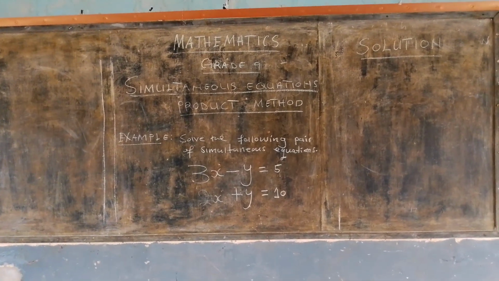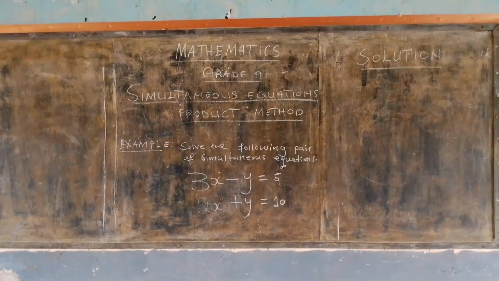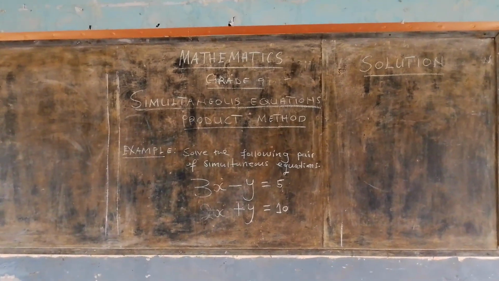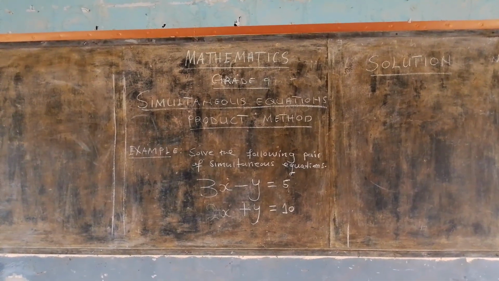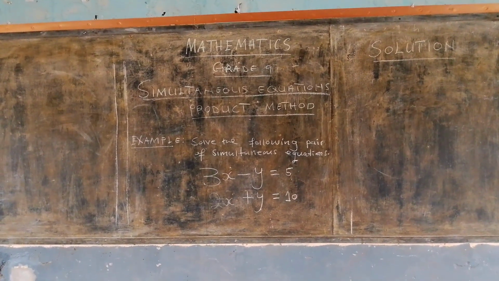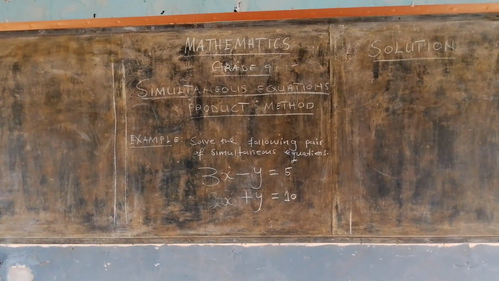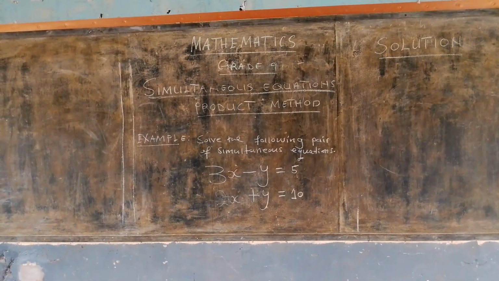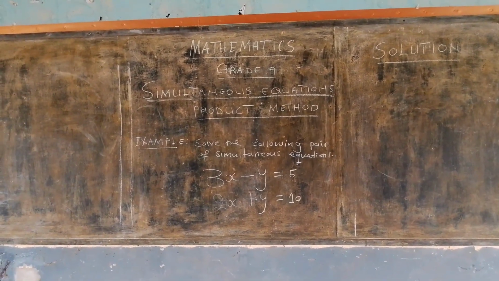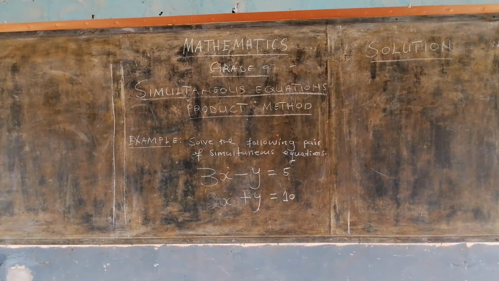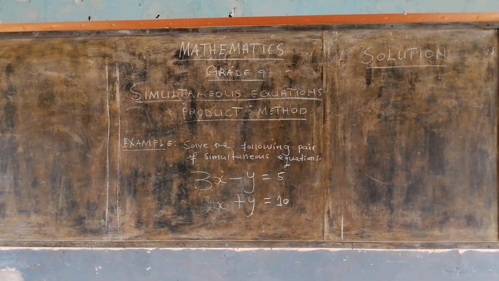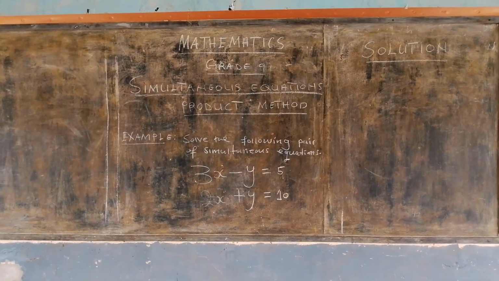So always remember that using the product method, you check the order of your variables. If x is coming first, you solve for x, but if y is coming first, you solve for y first. It will help you to get the value of one of the variables, so that afterward you can solve the second variable by substituting in either equation 1 or equation 2. Okay, so let's get started.